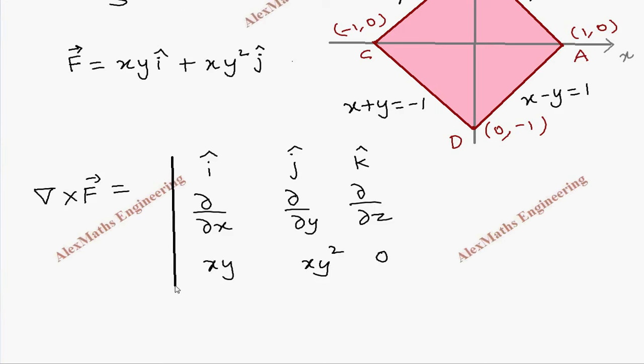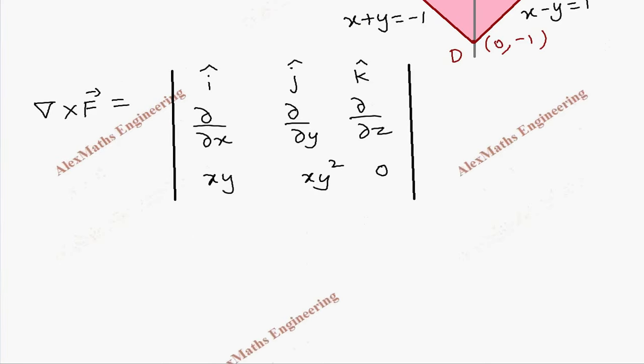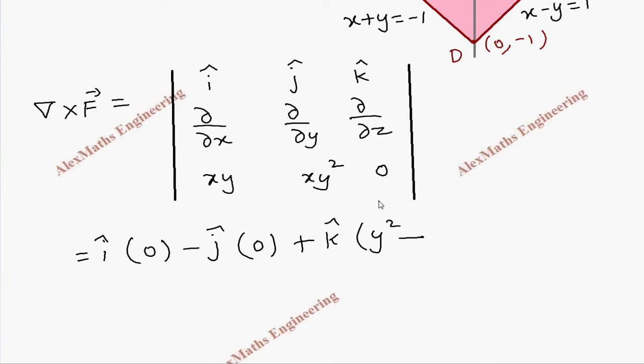Now we are going to evaluate this determinant. This is i into 0, and the derivative of xy² with respect to z is 0. Then minus j, in the same way this is 0 and this also 0, and plus k into ∂/∂x of this is only y², minus this derivative, y is 1 and x is remaining as it is.